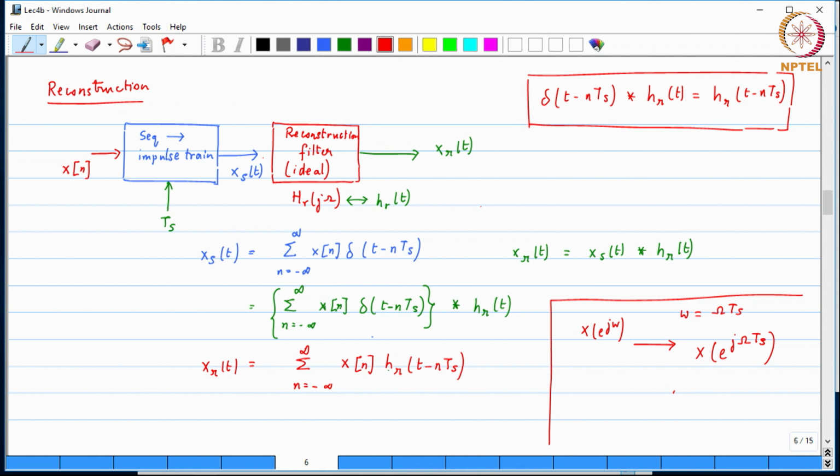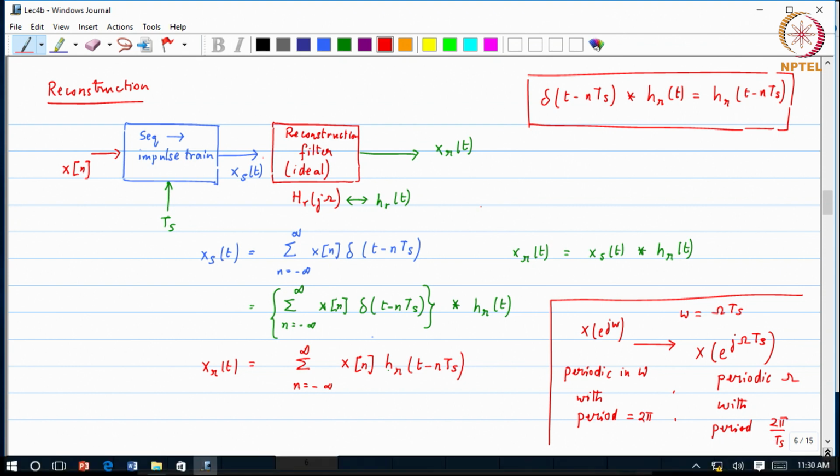Now, this is very important, because this is a function which is periodic in omega with period 2 pi. This is the discrete or the normalized frequency. Now, mapped to the continuous frequency, this happens to be a function that is periodic in omega with period equal to 2 pi by Ts.